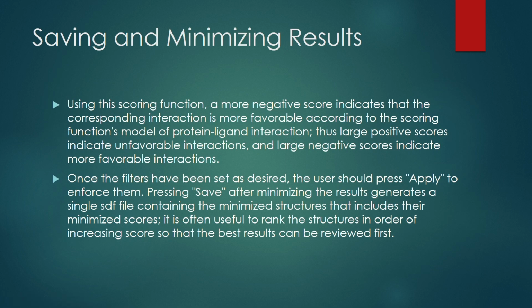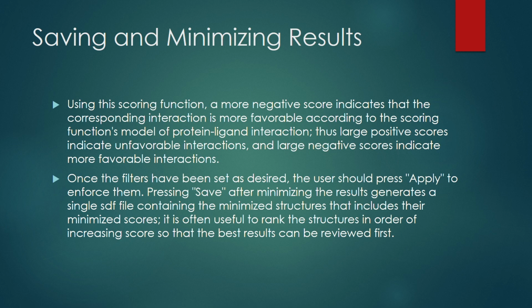Saving and minimizing results. Using the scoring function, a more negative score indicates that the corresponding interaction is more favorable. According to the scoring function's model of protein-ligand interaction, large positive scores indicate unfavorable interaction and large negative scores indicate more favorable interaction.